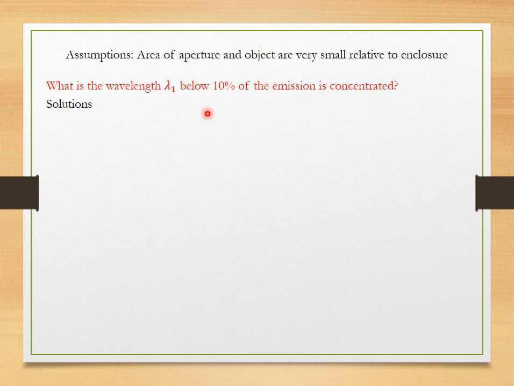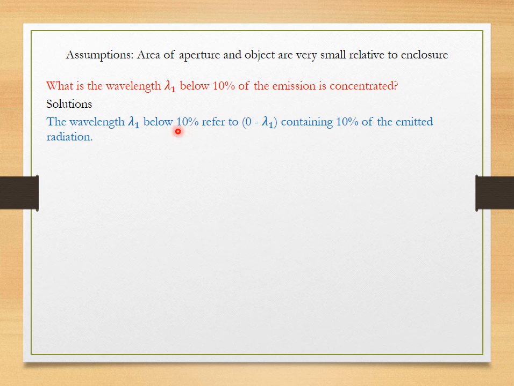And by having that kind of information, we need to determine the function under the graph, which is 0.1, referring to the 10%. 0.1 refers to the 10%, and we refer to the table of blackbody radiation function.